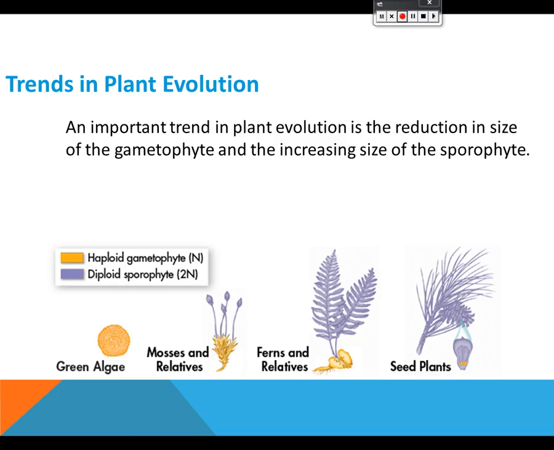So you see here in the beginning, for example, the haploid phase in the green algae, indicated as yellow, is the entire phase of the plant. During this part, there was no diploid phase. And little by little it established the diploid phase. And guess what? Here the haploid phase and the diploid phase end up being more or less about the same, equally in other words.